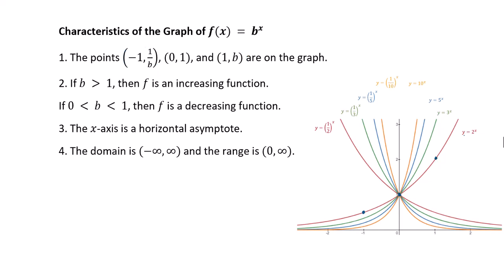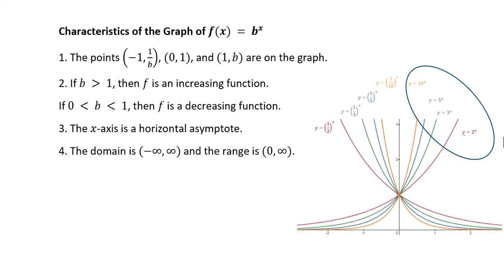And this is consistent for all of the graphs that are listed here. Now, if b is greater than 1, if my base is greater than 1, this is going to be an increasing function. That is going to be all of these graphs here, all increasing functions.